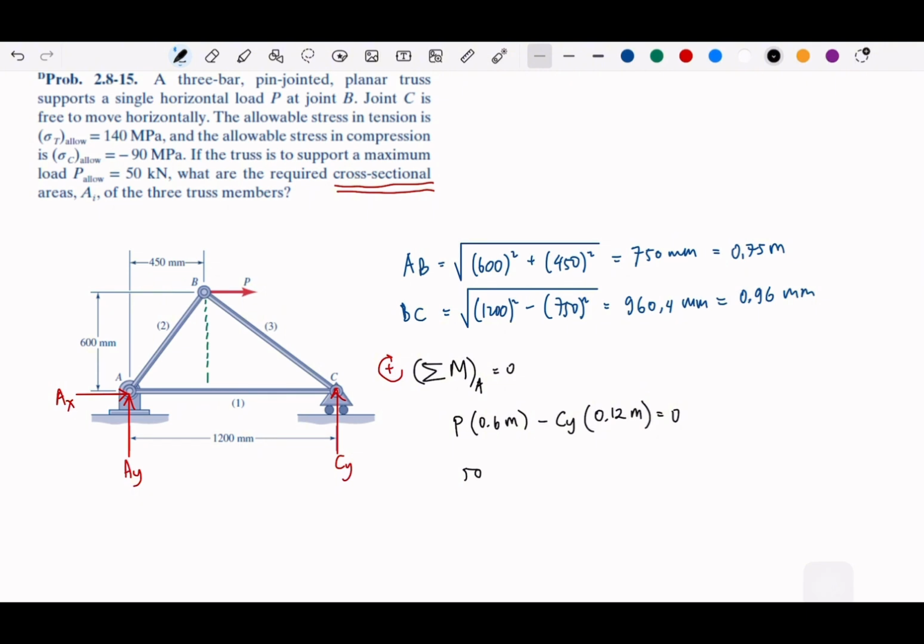This will be 50,000. So CY, we divide by 2 basically, so this will be equal to 25,000 Newton, or if you want to write in kilonewton, 25 kilonewton.